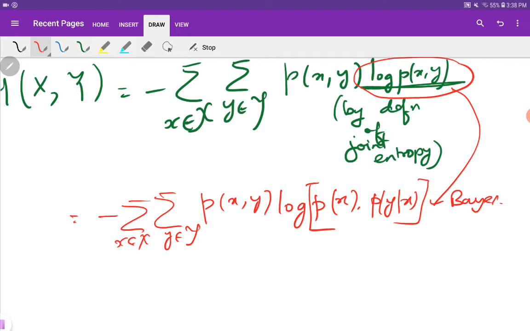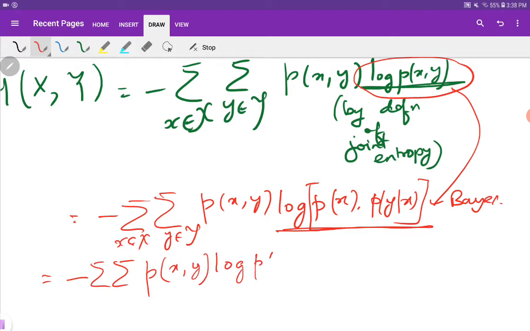Because of the log rule, and because you have a negative sign here, this log becomes a sum. So we have, avoiding the subscripts, p of x comma y log p of x, minus p of x comma y log p of y given x. This is the logarithm rule, right?